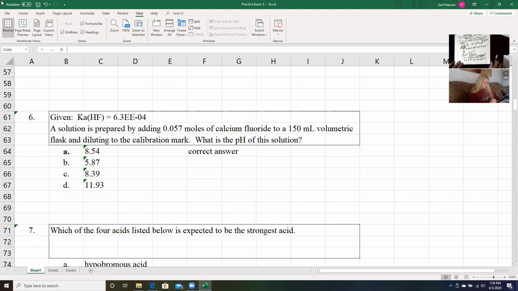So I'm going to do pOH, and that's going to be minus log of my answer that's on my screen, 3.47 times 10 minus 6. And so I take minus log, second answer is 5.46.